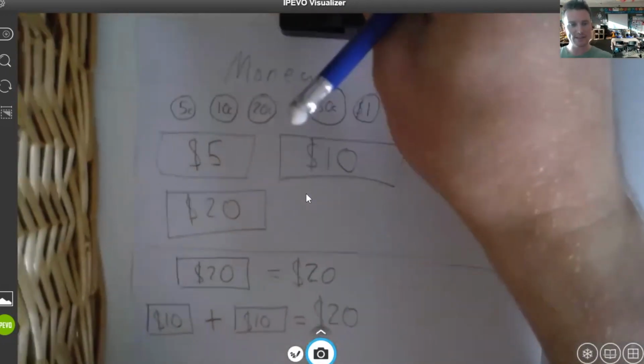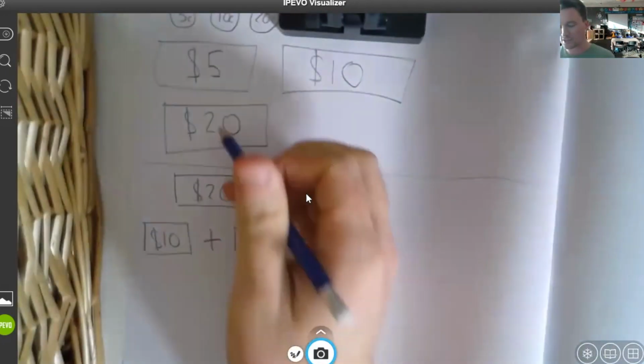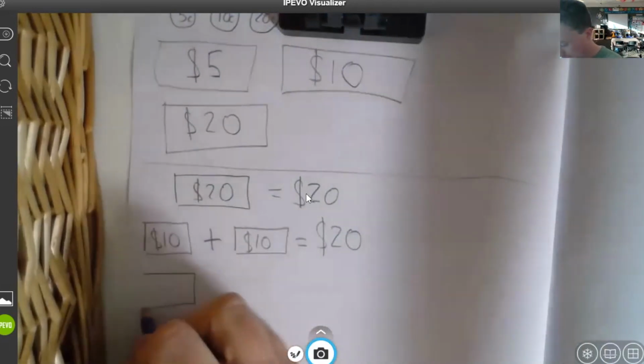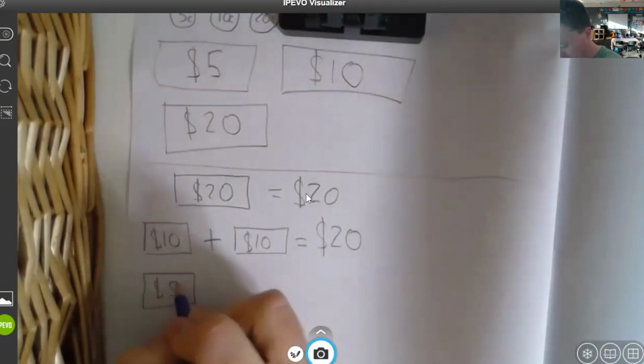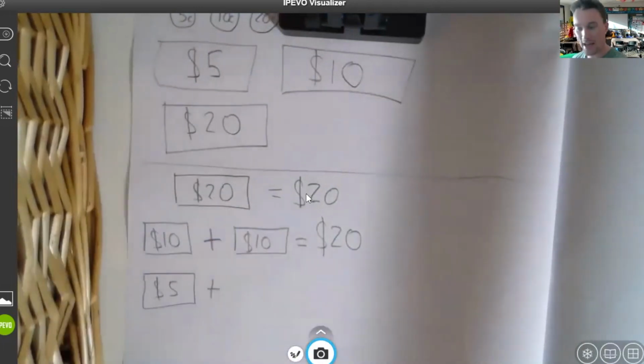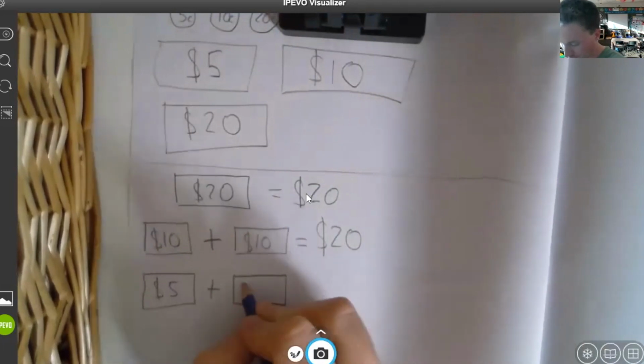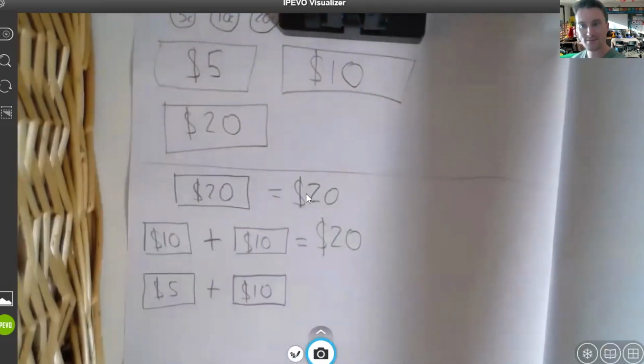That's another way. Let's use another note, our $5 note. So we're on $5. What if we added a $10 note? What would be 5 plus 10? 5, 10, 15. So we're on $15.